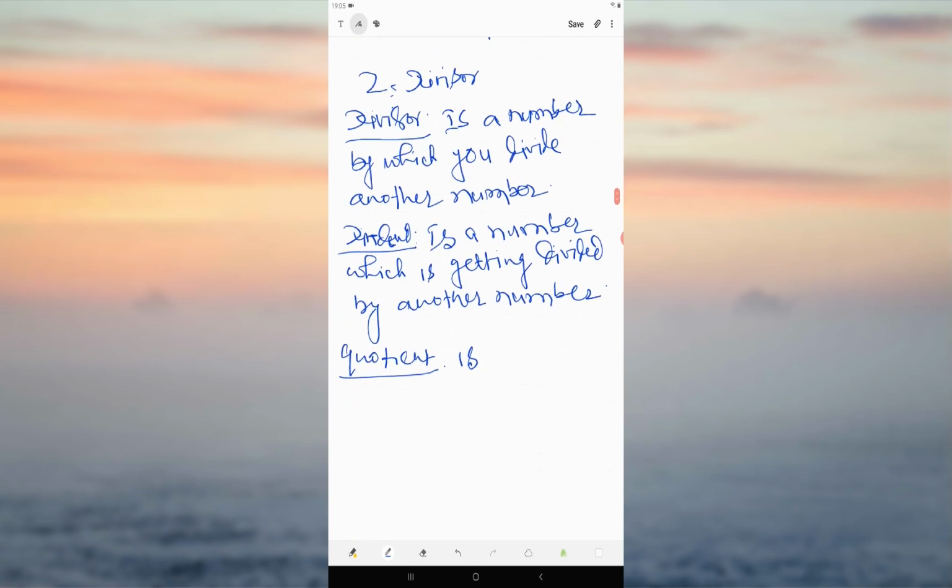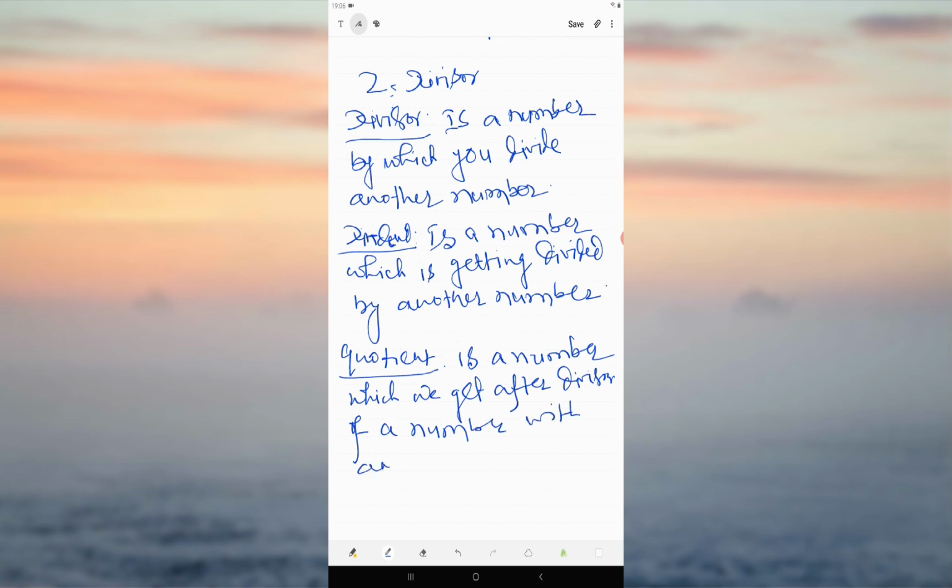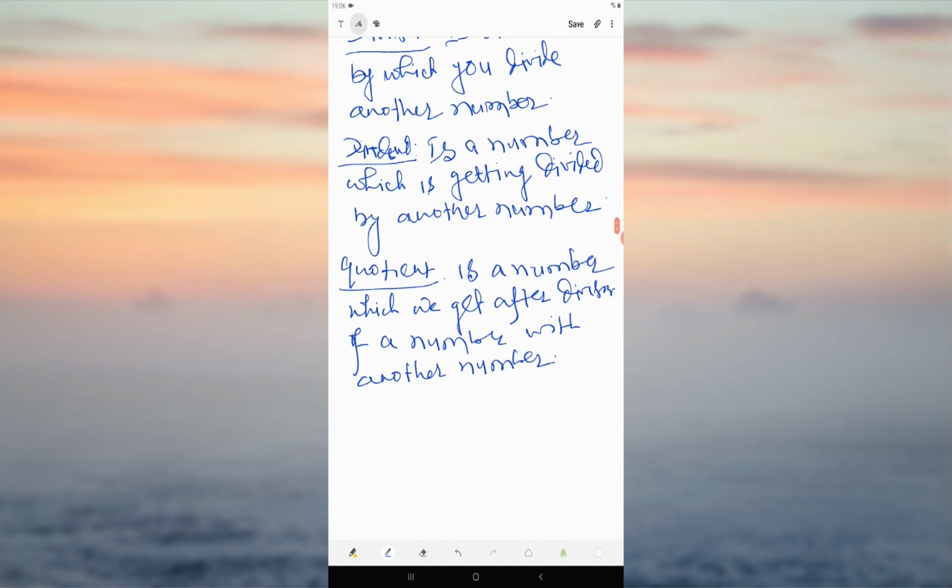So the quotient is a number which we get after division of a number by another number. Simple. When you are dividing 7 by 2, we got 3. 2 threes are 6. So that 3 is the quotient.